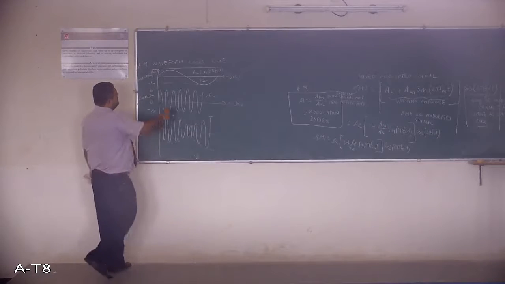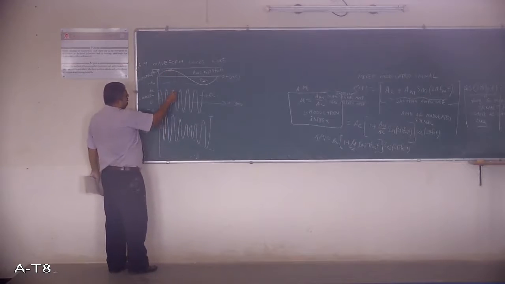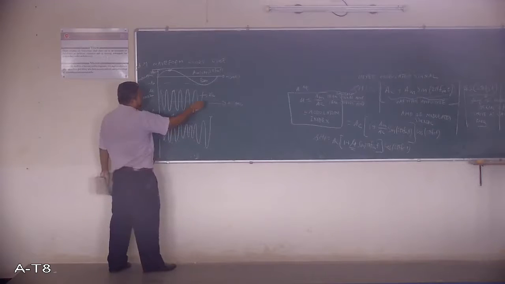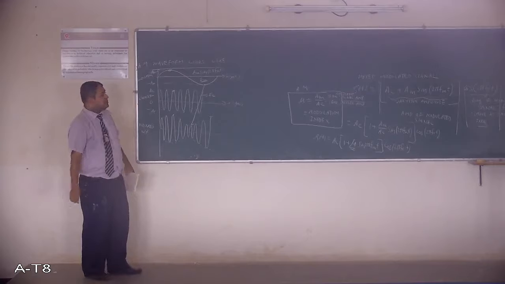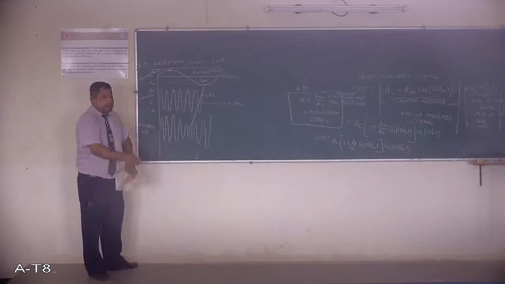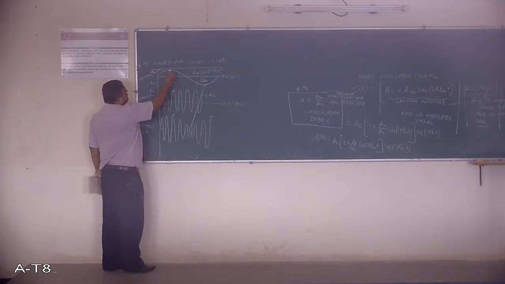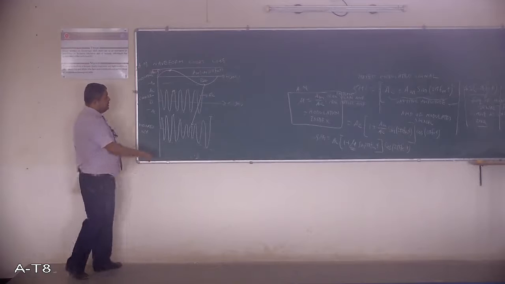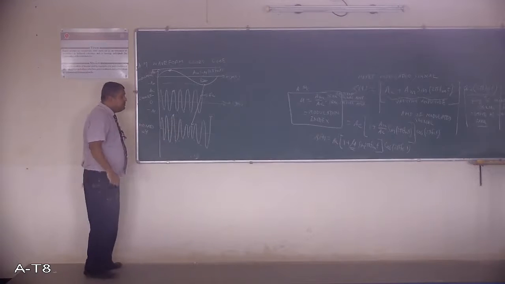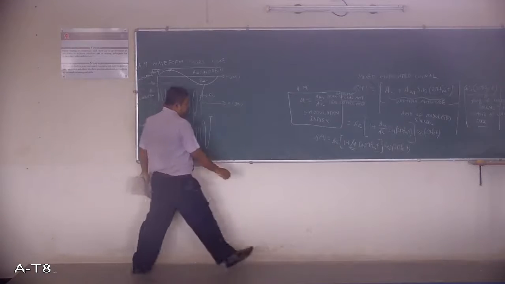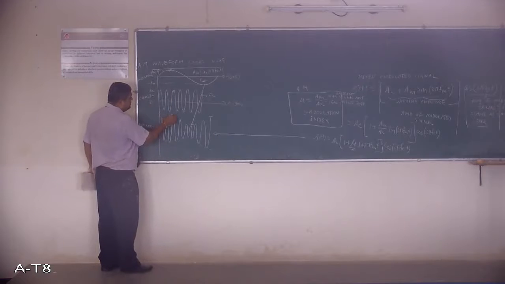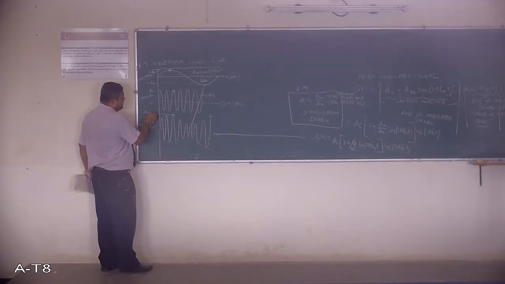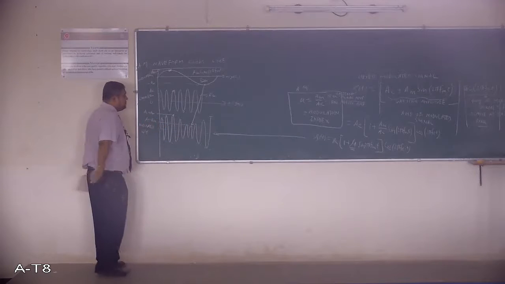Wherever this is in peak, the carrier amplitude actually increases. Wherever it is the less part, so this part I have shown here. This is not exactly to the scale, but wherever the peak of the modulating signal is coming, there we are finding the peak of modulated waveform. And here we are finding this amplitude as AC plus AM, this amplitude as AC minus AM, like this.